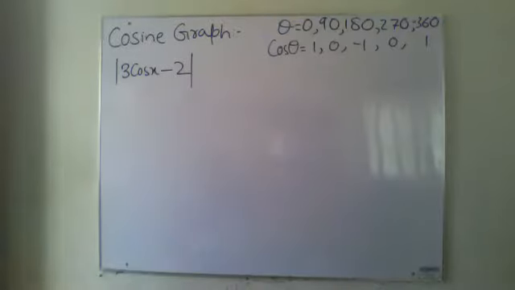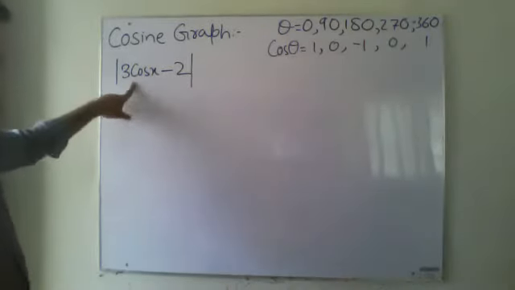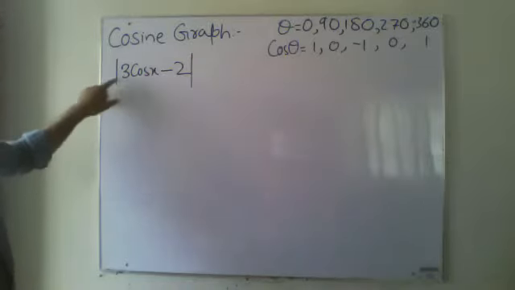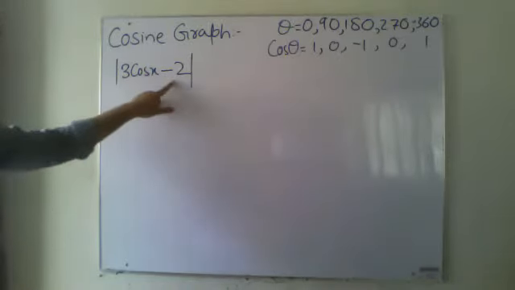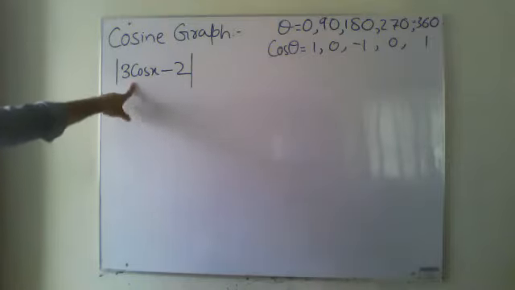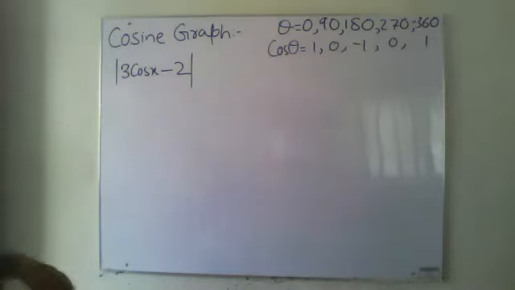So in a modulus graph, I've already told you that first of all we are going to work with whatever is given inside the modulus. I'm not thinking about the modulus right now. I'm just going to work with whatever is given inside the modulus. So it is given 3 cos x minus 2.